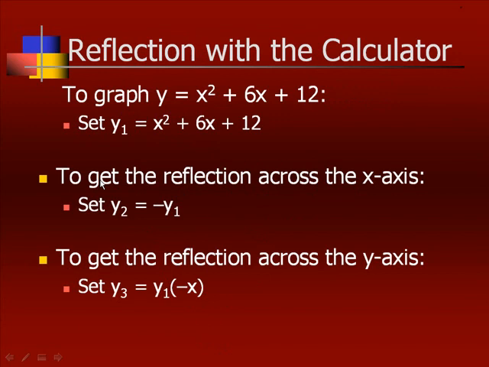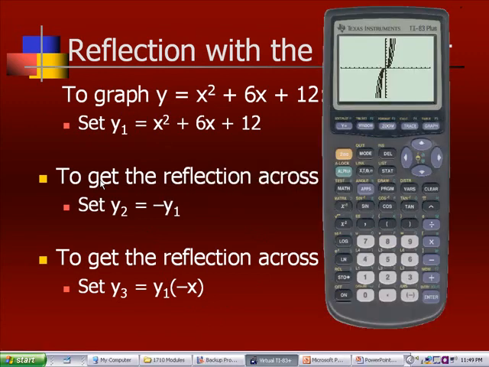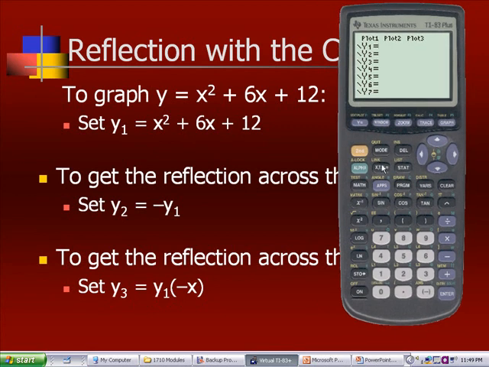Now, to do reflections with the calculator, we could do this manually, or we could enter it a little bit differently. So for instance, if we went up here to y equals, let's clear all these out, and said y equals x squared plus 6x plus 12.